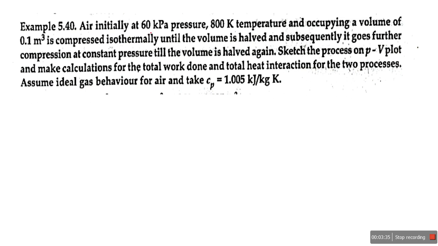The air is initially at 60 kilopascal pressure and 800 Kelvin temperature. So they have given pressure and temperature T1, occupying a volume of 0.1 m cube. So the initial volume is with us. It is compressed isothermally until the volume is halved, so V2 is equal to V1 upon 2.